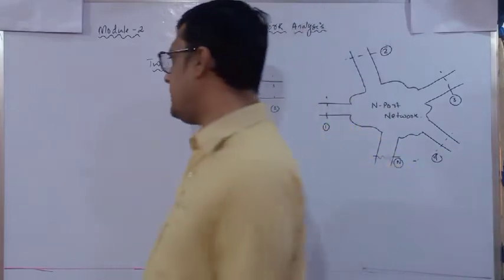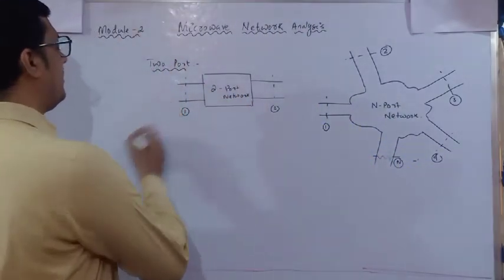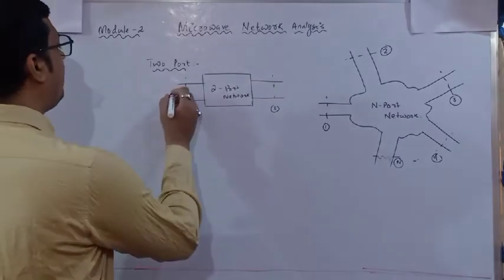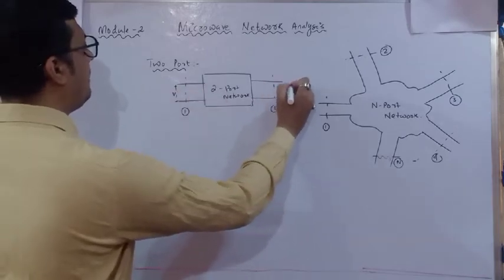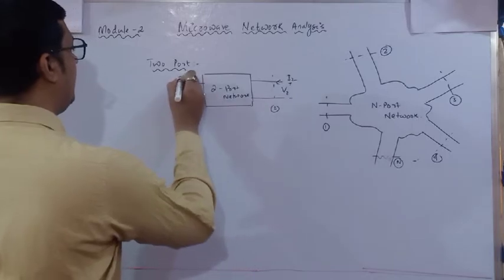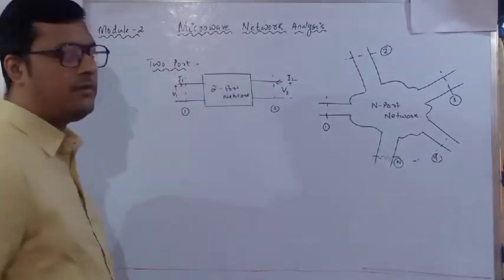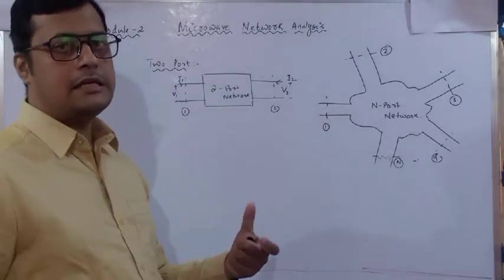Okay, so here I have only used the two port network. In this two port network, when I am using the impedance matrix, here I will provide V1, here I will provide V2, here it is current I2, here it is current I1. Now if you form a relationship between V1 by I1, you are going to identify Z11.